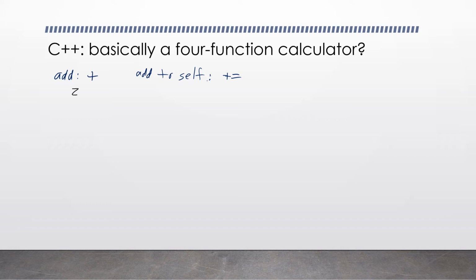Here we would say z equals x plus y, right? But what if we wanted to have x equals x plus y? Well, that takes a whole unnecessary keystroke to type x twice, so it would be easier to just say x plus equals y. Okay, so C gives us that little shortcut operator.